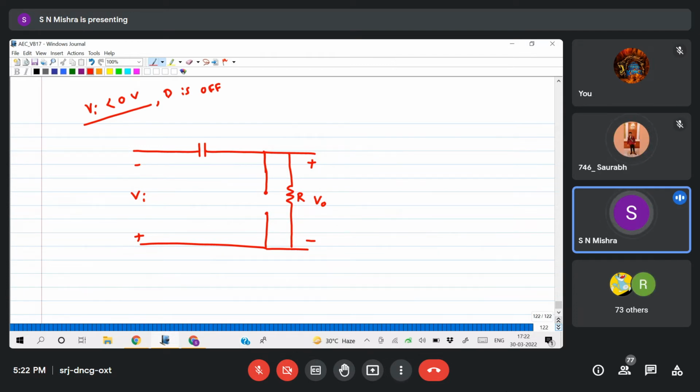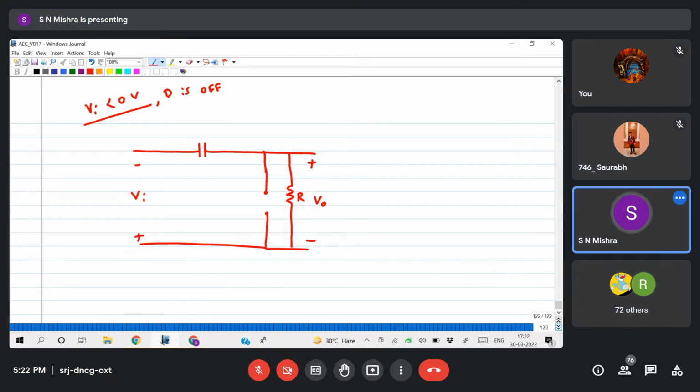You have to take this assumption, because otherwise this clamper is not possible. During the negative half cycle, or the off condition of the diode, the time constant is large.